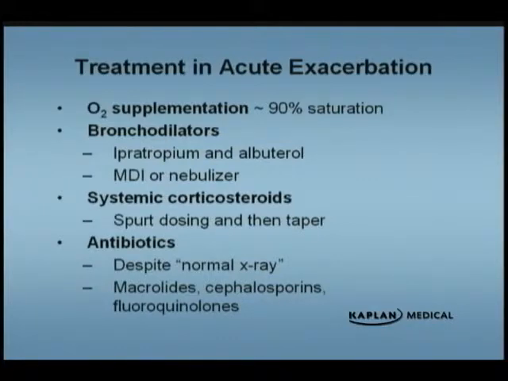The patients that will benefit the most are the patients that have purulent, productive cough, fever, clinical signs of pneumonia. So those are the people that are going to benefit the most, but the studies have shown that even if the patient has minimal symptoms, if they come into the hospital with an acute COPD exacerbation, you treat them with antibiotics even if the chest x-ray is normal.